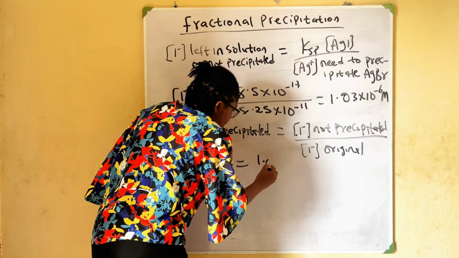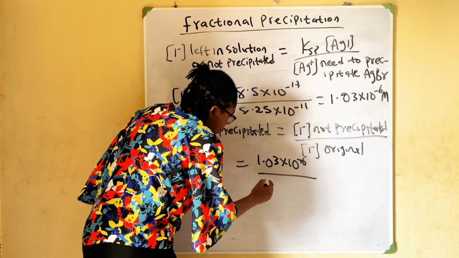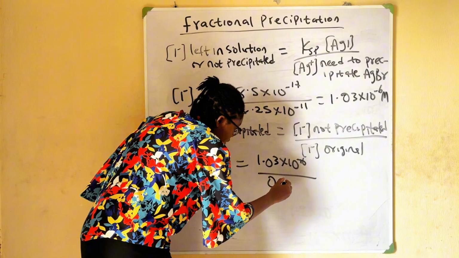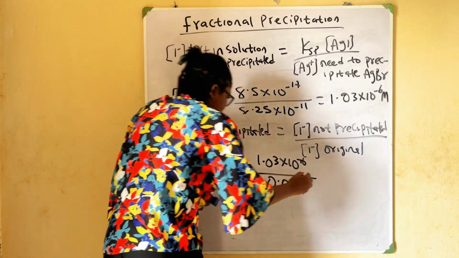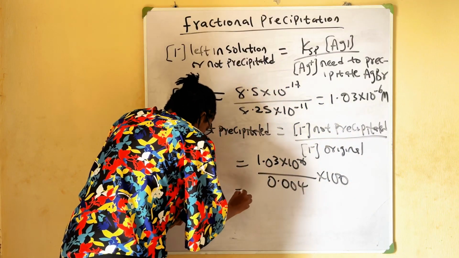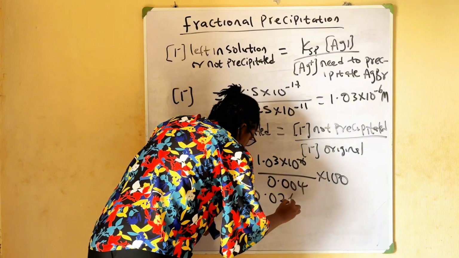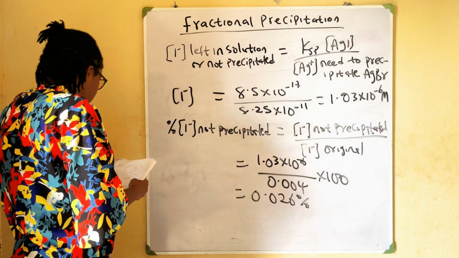So we have 1.03 times 10 raised to the power minus 6 divided by the original iodide concentration, which is 0.04. So when you do this, times 100, you have 0.026%.